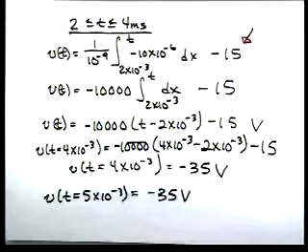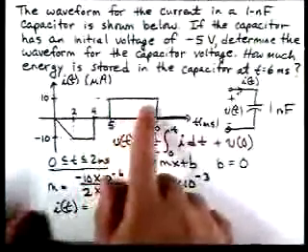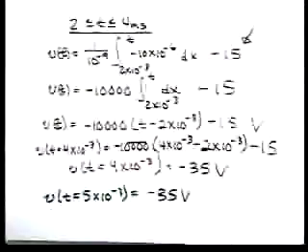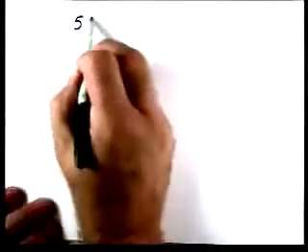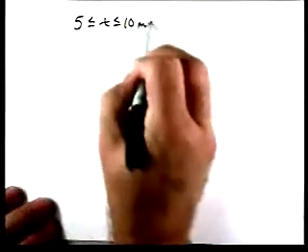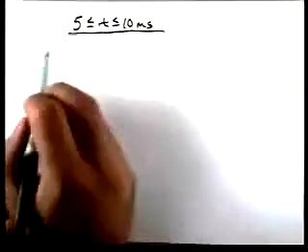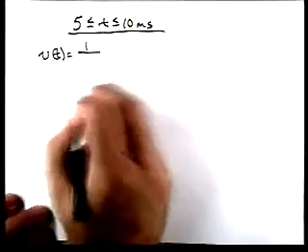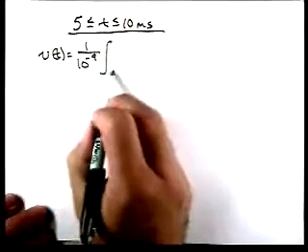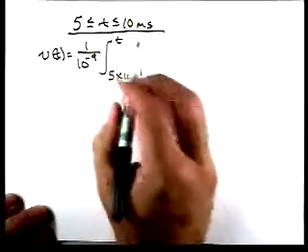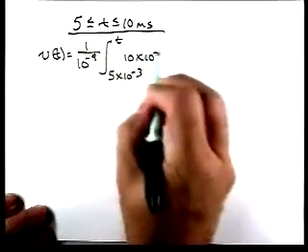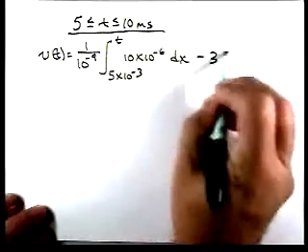Now, if we look at 5 to 10, we can see the current now is constant at plus 10 microamps. So between 5 and 10, we'll have V of t equals 1 over C, and then the integral from 5 times 10 to the minus 3 to t, 10 times 10 to the minus 6 dx, minus 35.